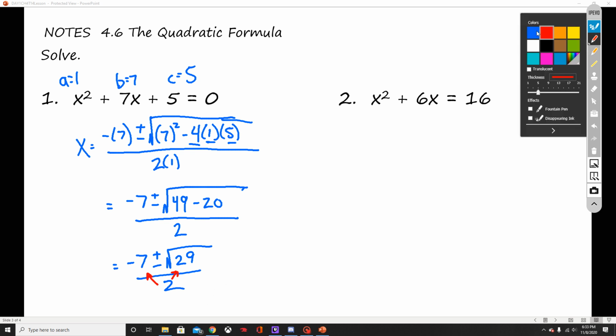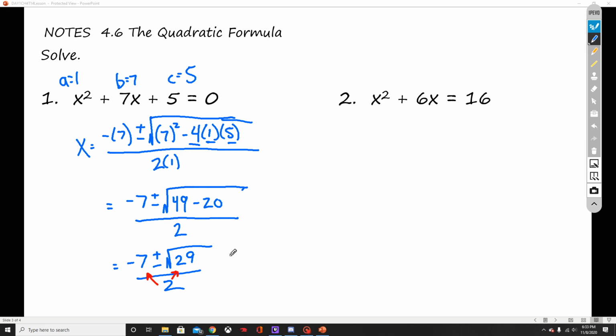So instead of it being all over 2, we are instead going to put each one of them over 2. So it's going to be negative 7 over 2 plus or minus the square root of 29 over 2. Now, in this problem, this form would be acceptable.